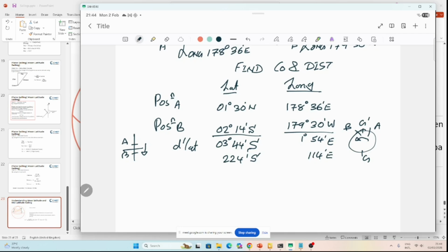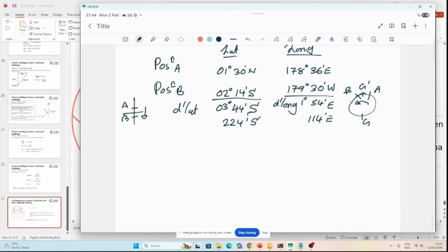So guys, the D lat and D long, is it correct? Yes, sir. Okay, right. Now let's draw the triangle.